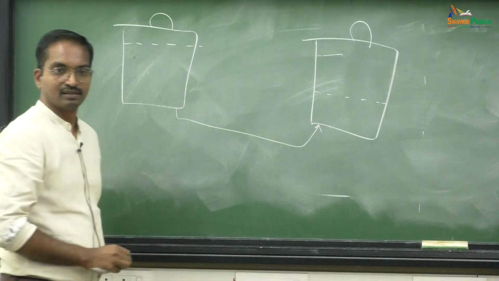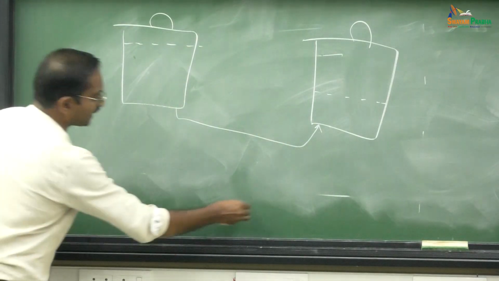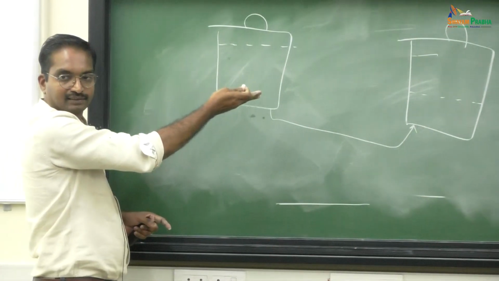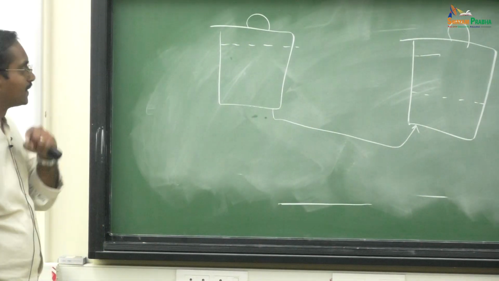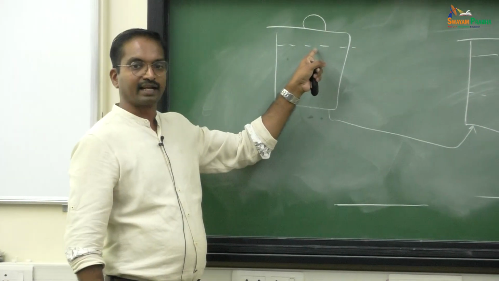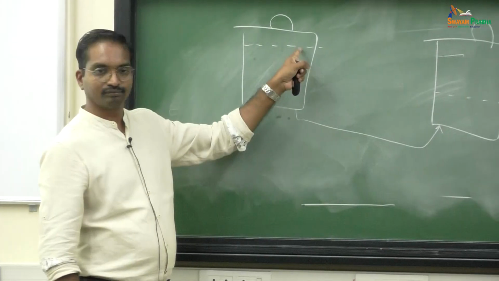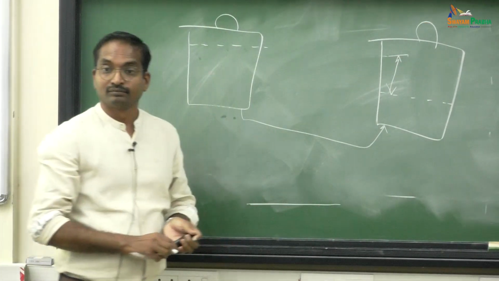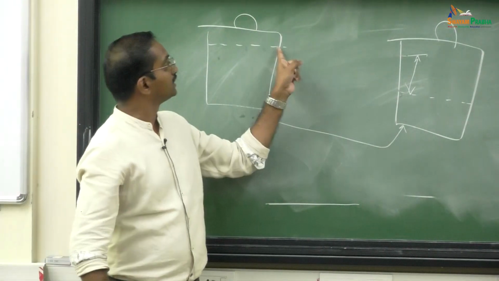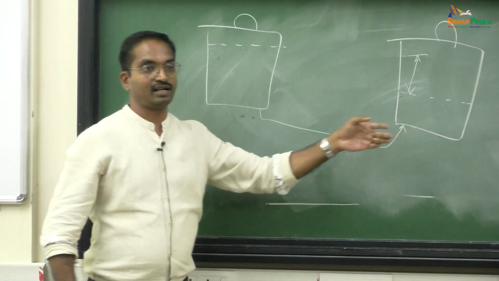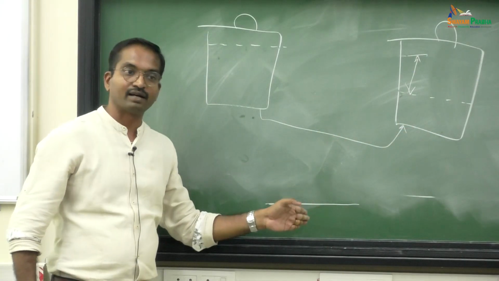Now, this is my ground, that means from the ground I have a building, above the building I have tanks. If I want to know the level of this water, I can either measure from the ground or I can measure from here. If I measure from this to this level, then I should tell my reference is this. If I tell from here, then I should tell my reference is this.